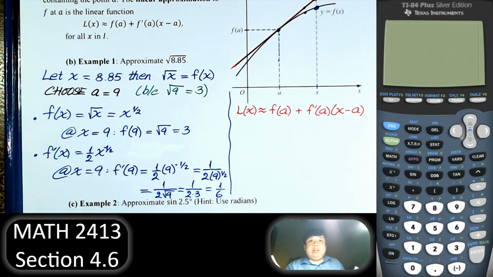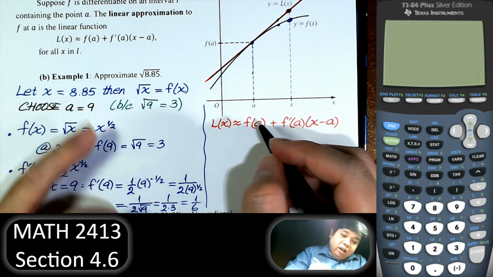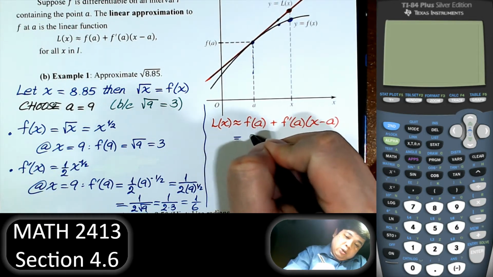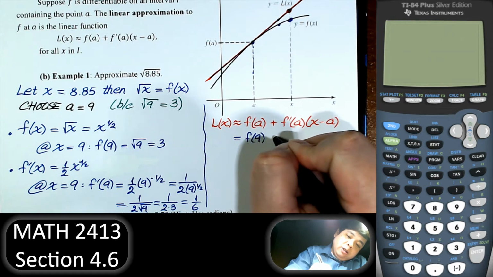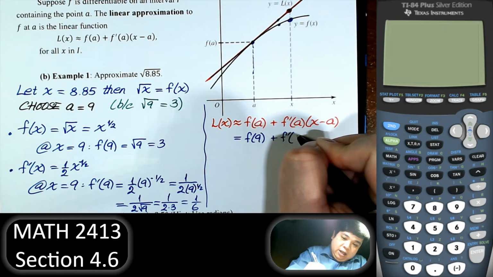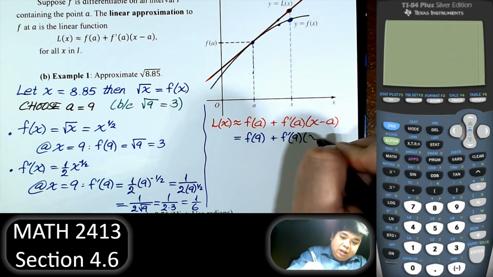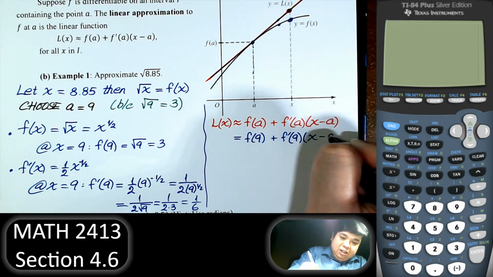Now we have everything ready to substitute into our problem. So a is 9, right? So this is equal to f of 9 plus the derivative at 9 times x minus 9.